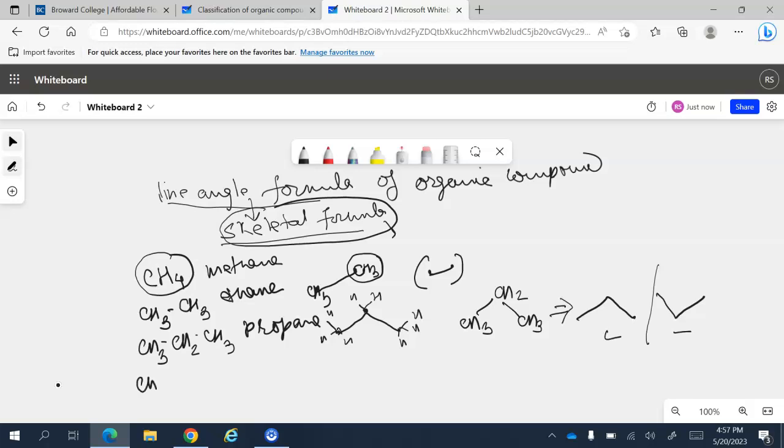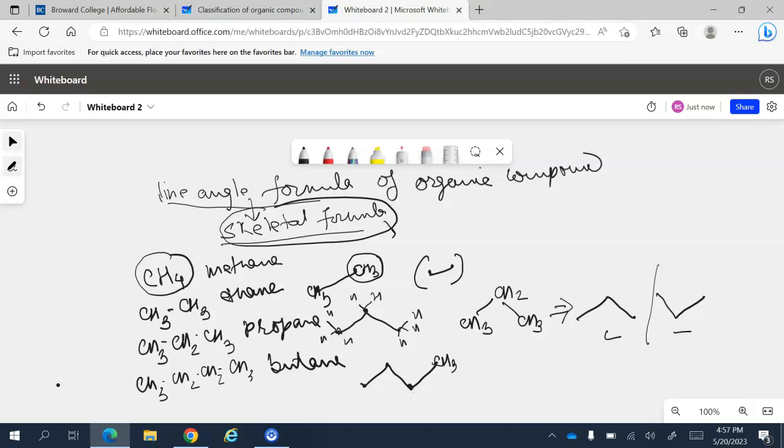Likewise, with four carbons, CH3, CH2, CH2, CH3, this is butane. In the line angle formula, 1, 2, 3, 4 carbons, this terminal point is CH3, this is CH2, CH2, CH3. Again, remember that this is a carbon with one bond shown, so three hydrogens are hiding, CH3.